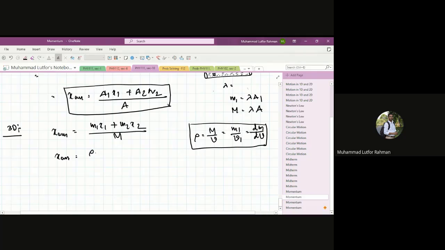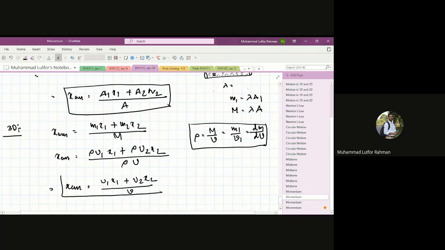This is m1 would be basically rho into V1 into X1 plus rho into V2 into X2, divided by capital M, which is rho into V. Right? Now this rho would be cancelled out. Then I'll find V1 X1 plus V2 X2 divided by total V. So that's how I can find it for the volume part.